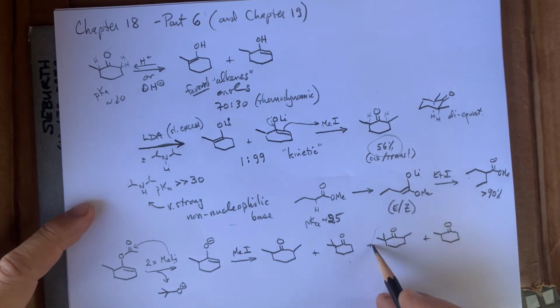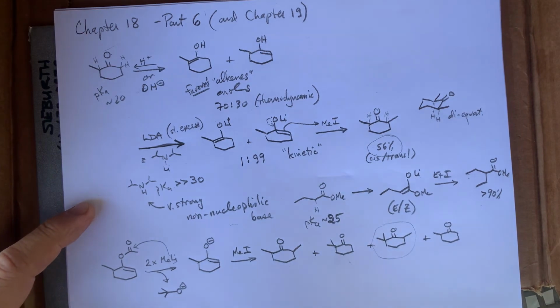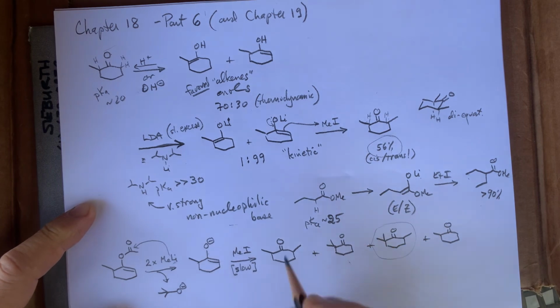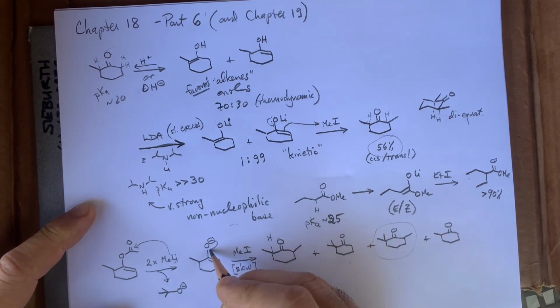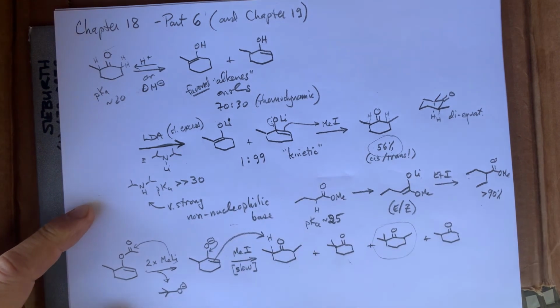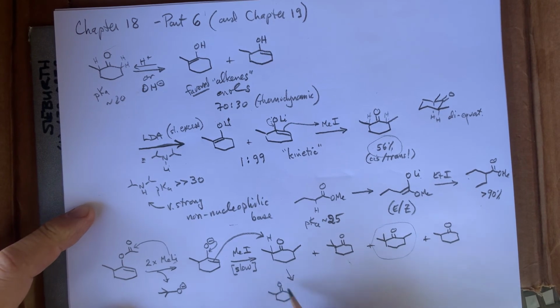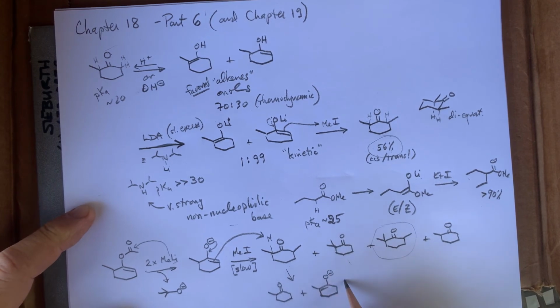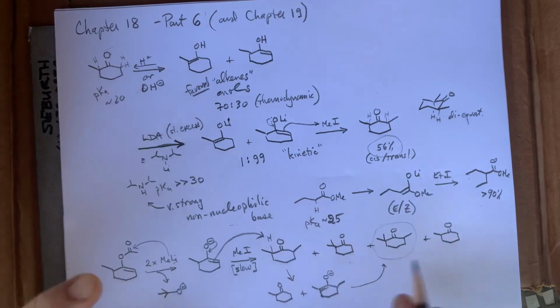Now, how is it possible that you can get something like this? Well, that's because as soon as this ketone alkylation product is formed, and it's formed slowly, now the enolate can deprotonate, and you get your starting material, and then you get the enolate of the product, and the product alkylates to give you that, and so this is going shuffling back and forth.